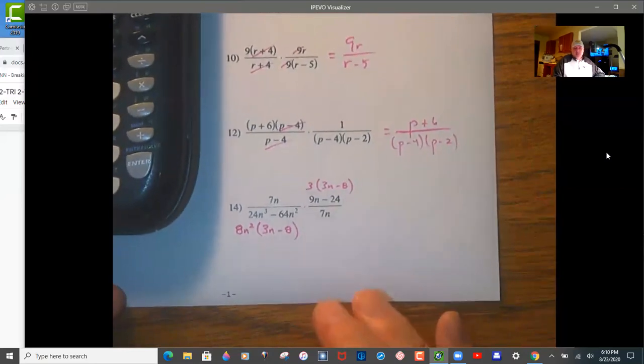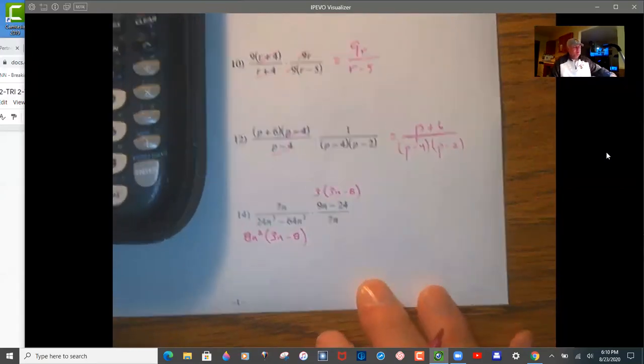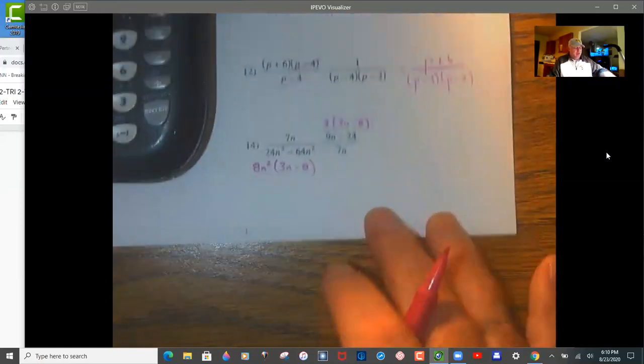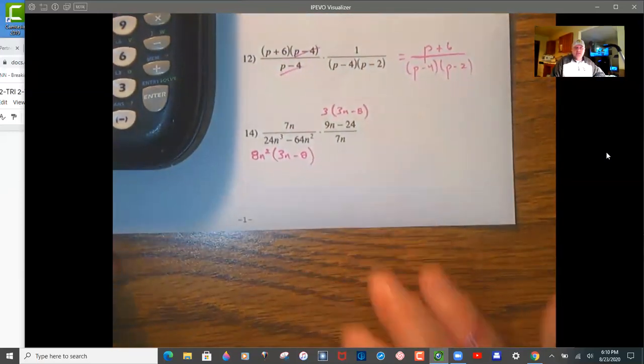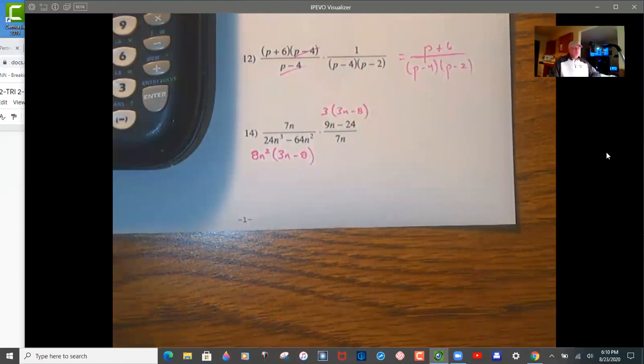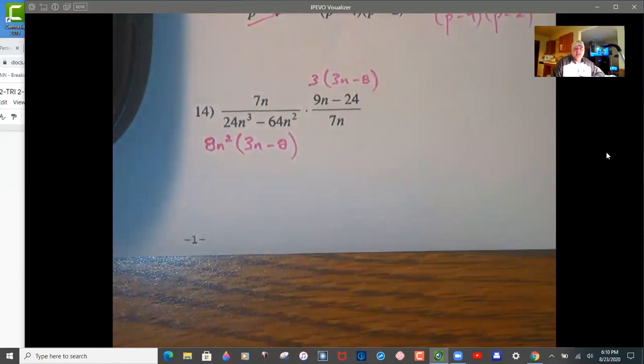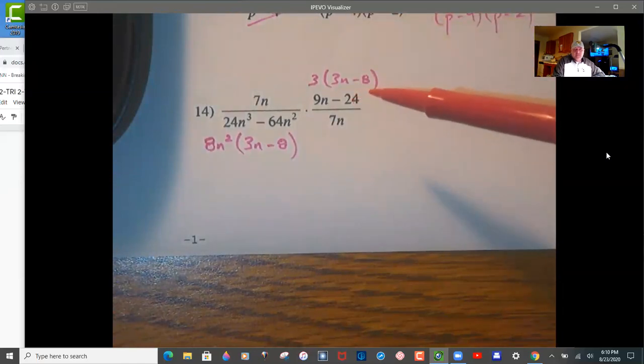And problem 14 is the first problem where there is factoring to do. And I will, just as a reminder, show you, if you forget that factors are related to the zeros of the polynomial. Even this linear one here, you can say, yeah, there's a common factor of 3.